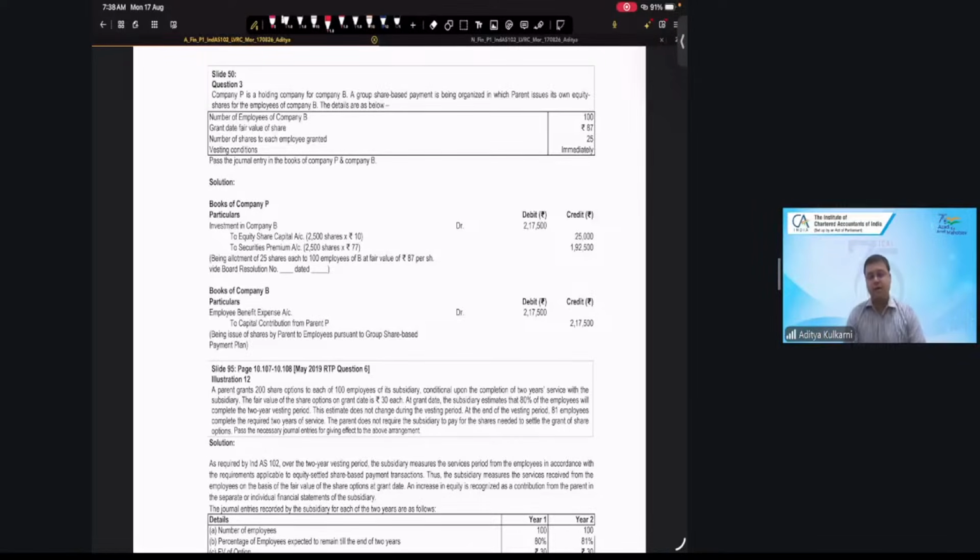Suppose you have a company called Reliance Retail. Reliance Retail is a subsidiary of Reliance. Now, the employees of the subsidiary, that is Reliance Retail, are given a stock option plan.